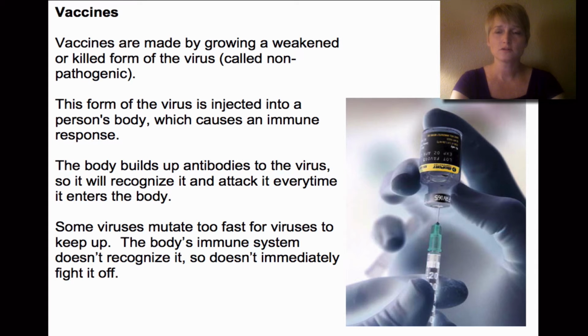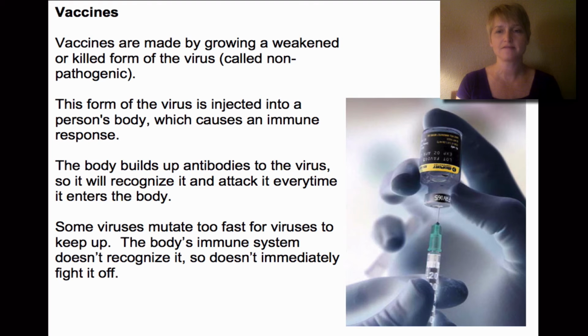The way vaccines work is they're made from either a killed version of the virus or a weakened version. It's called non-pathogenic because it doesn't make people sick. And we inject that into the person's body. The immune system sees that and recognizes that it's not supposed to be there, and so it responds to that.